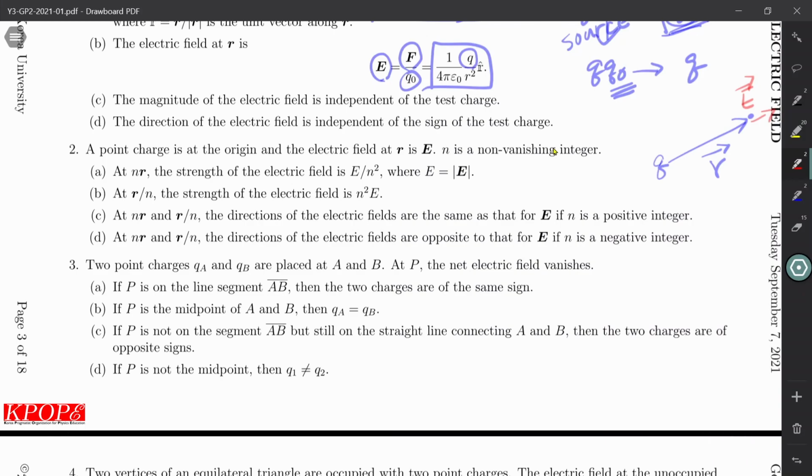You multiply n to the radius position. Then the electric field here depends on r, so we replace r with nr, so we have a 1 over n squared suppression. Sure, if you replace r with r over n, then it is magnified by a factor of n squared.